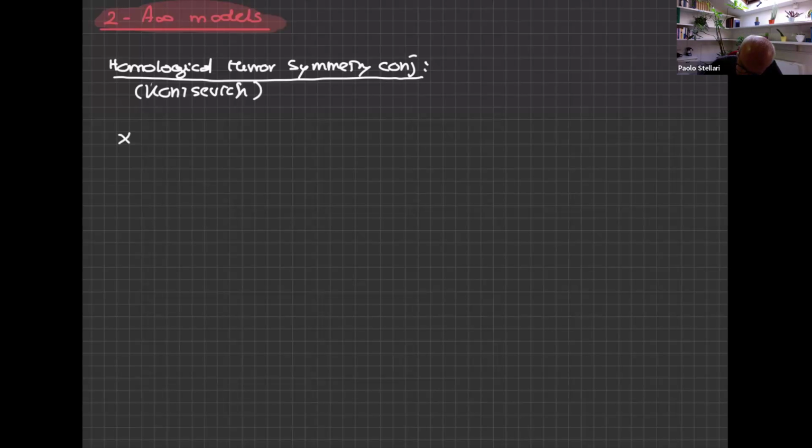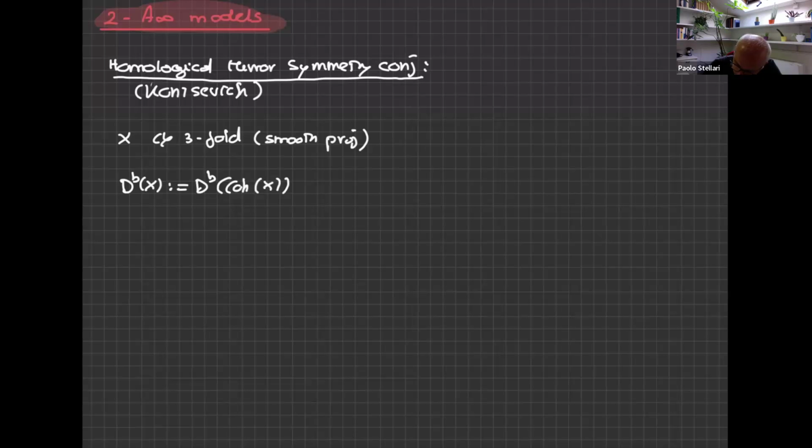So in other words, we can start with X a Calabi-Yau threefold. Here we are safely assuming it is smooth and projective. Then we can look at the bounded derived category of coherent sheaves, which under these assumptions is nothing but the category of compact objects in this big category. And on the other side, we can get a mirror Calabi-Yau.